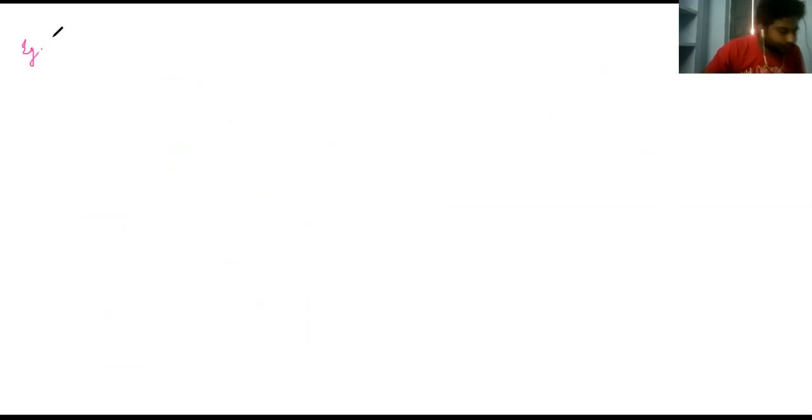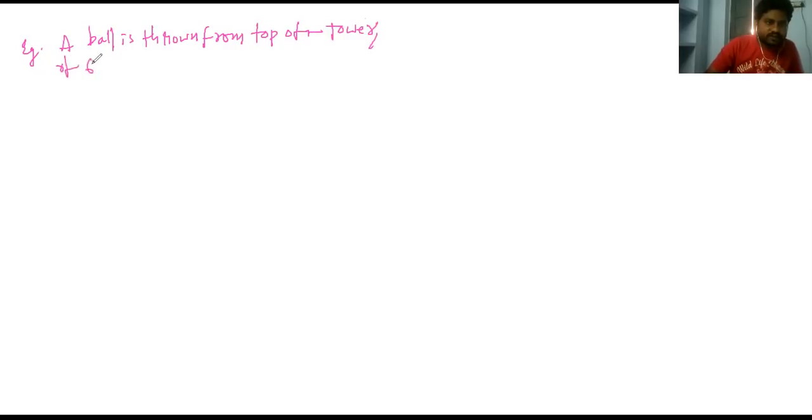Look at this. Here, the question is: a ball is thrown from the top of a tower of 61 meters height. So the height of the tower is 61 meters.